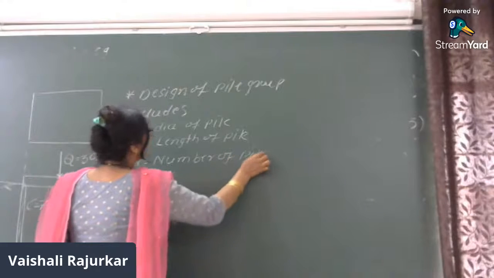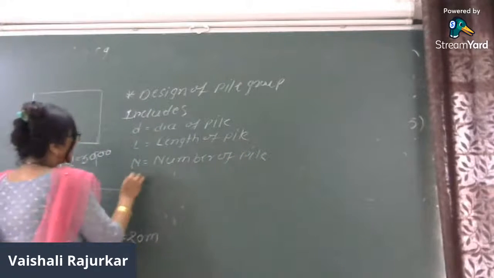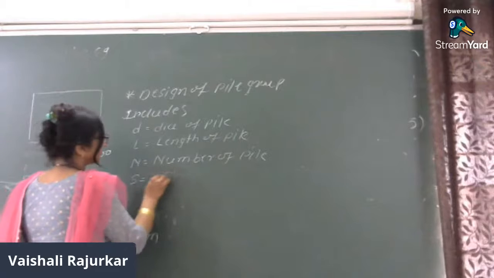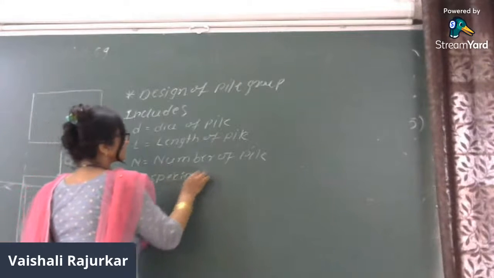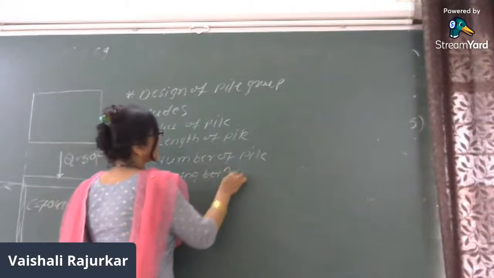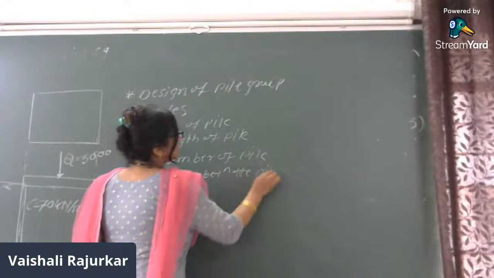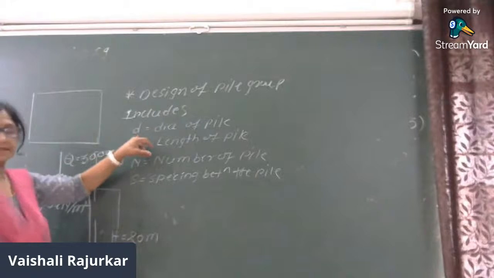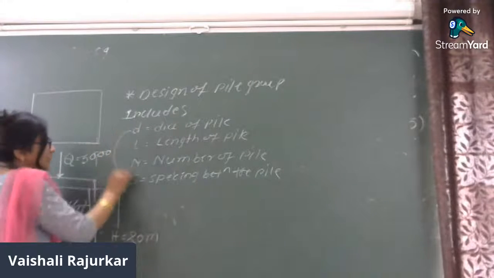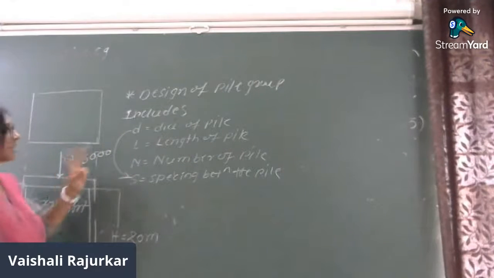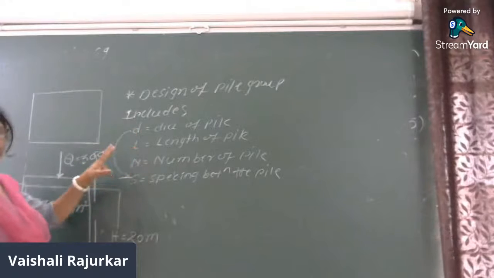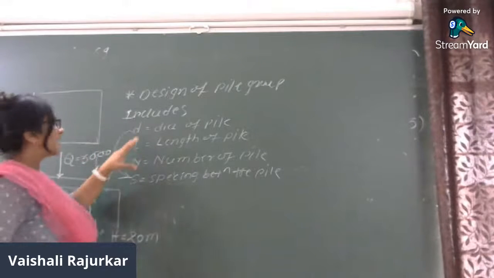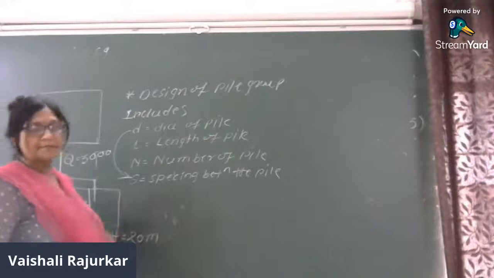And the most important, you have to assume the spacing between the piles, S. So there are four unknowns, but S directly depends upon the value of D. So again, there are three unknowns that we have to consider: D is the diameter, L is the length, and N is the number of piles.